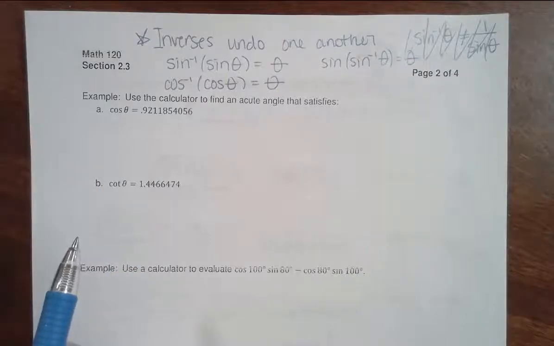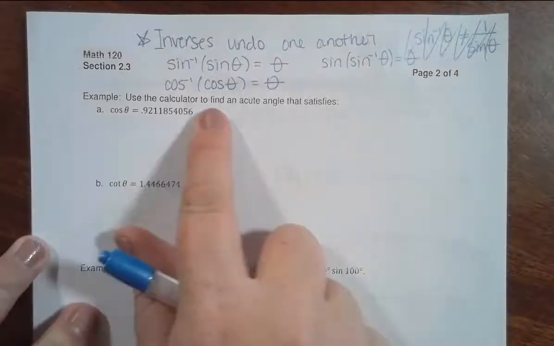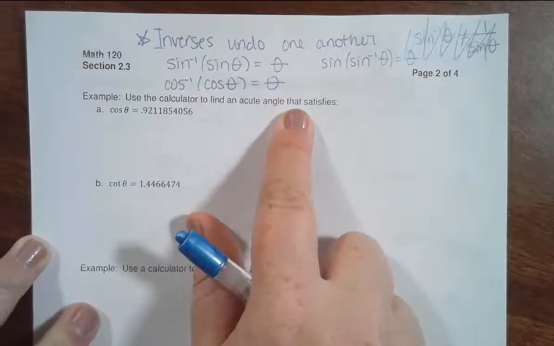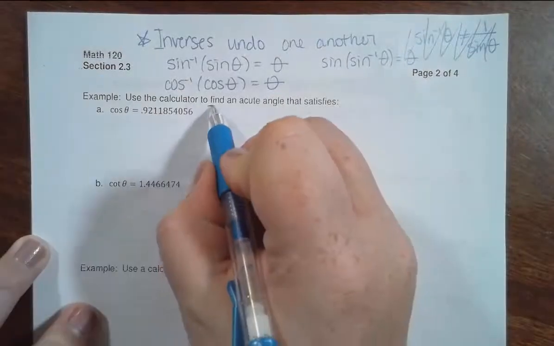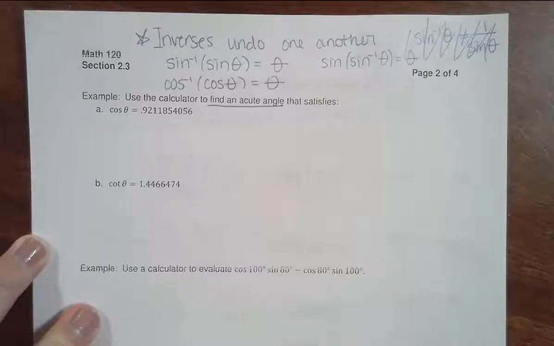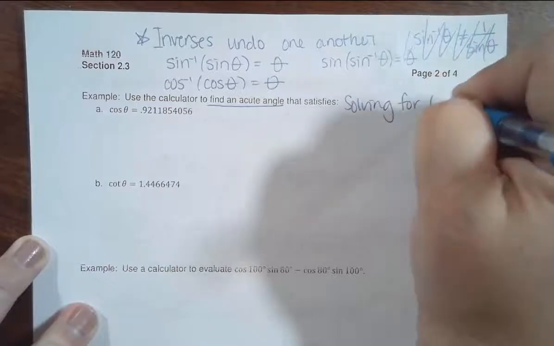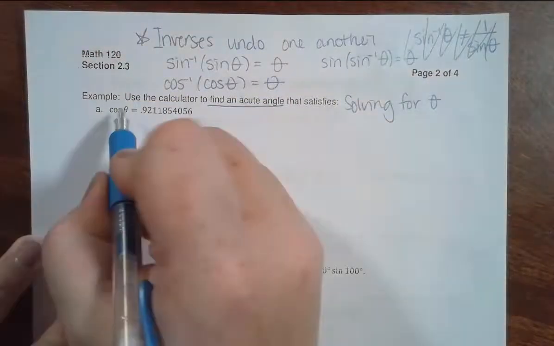So here it says, use a calculator to find an acute angle that satisfies this. Okay, so we are finding an acute angle. So that means we're solving for theta. We're trying to figure out what that angle is. So here I need to get my theta angle on one side all by itself.